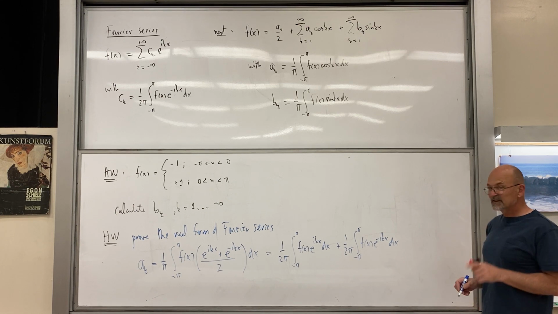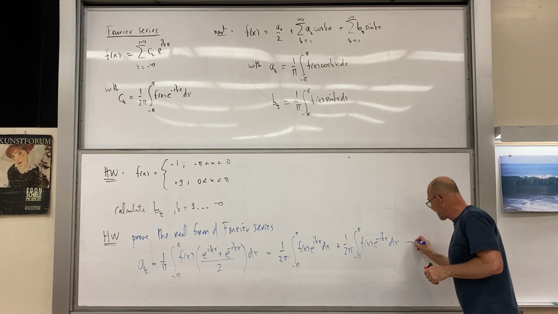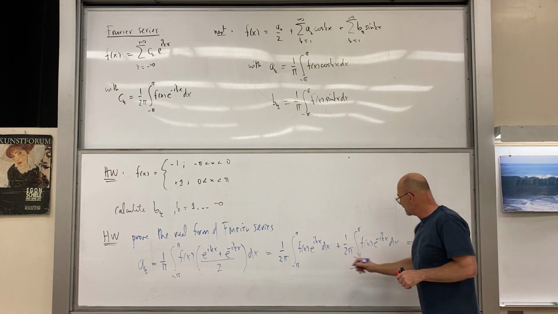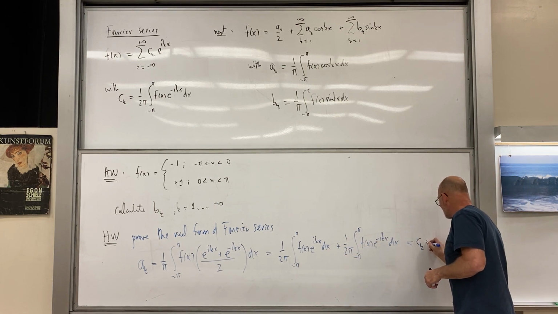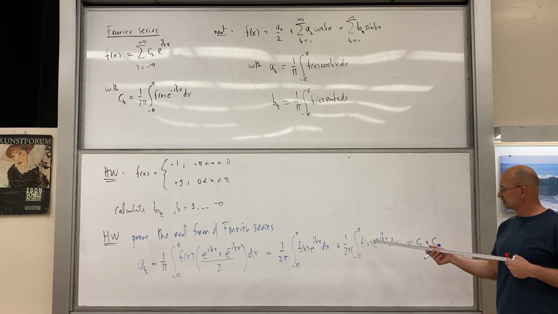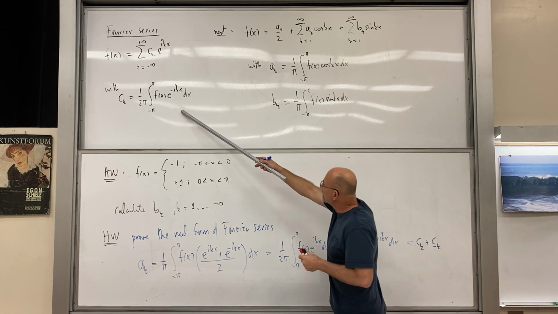Well, that's interesting. What are we looking at here? Apparently, a sub k is equal to c sub k plus c sub minus k. Right? Do I have it up there? Yeah, see. C sub k.